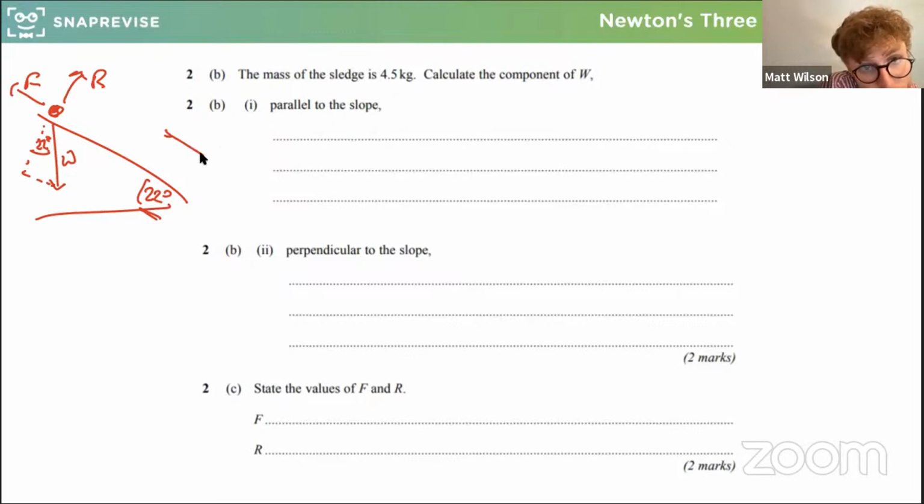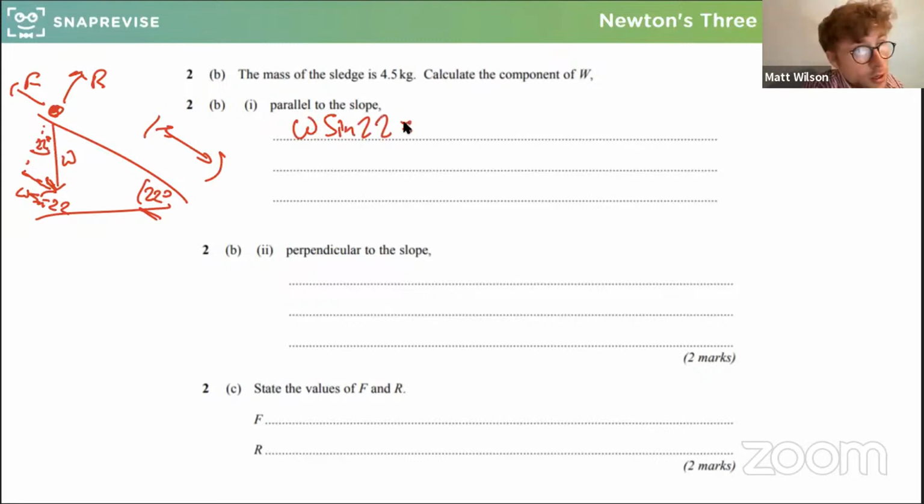Well, parallel to the slope means in this direction. And in this direction, what have we got? We've got this component here. This is W sine 22. So parallel to the slope, the component of the weight is the weight times sine 22. Now, what is the weight?